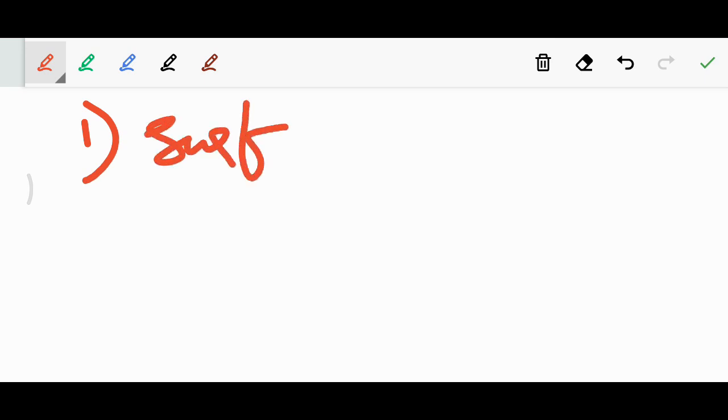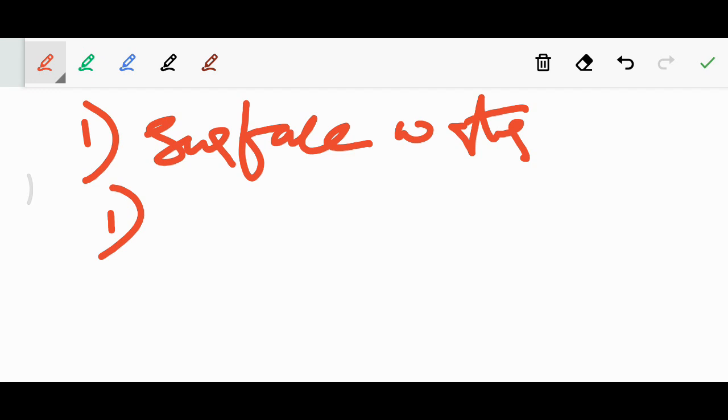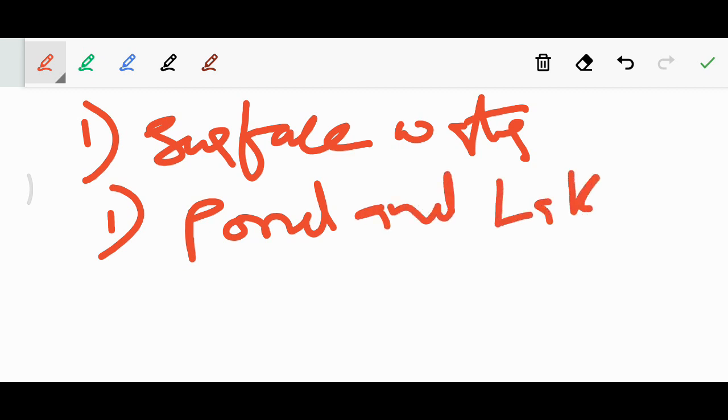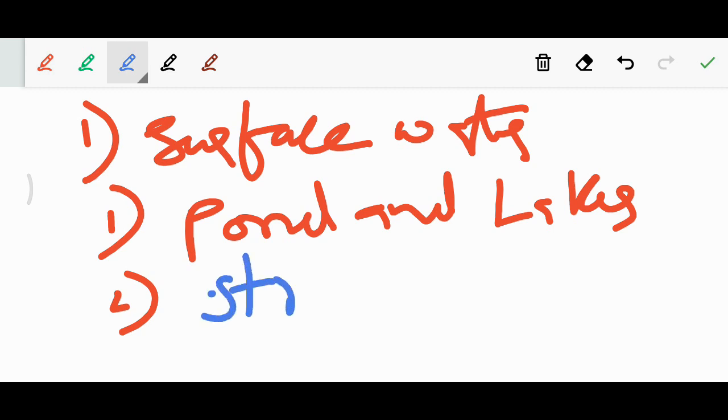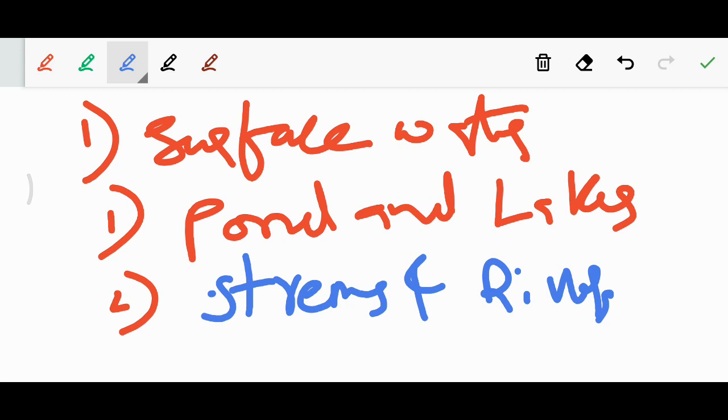Surface water includes sources such as pond and lake, right? Second one will be stream and river, right?